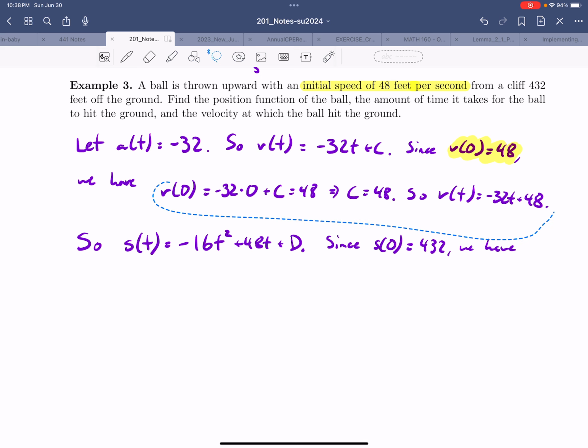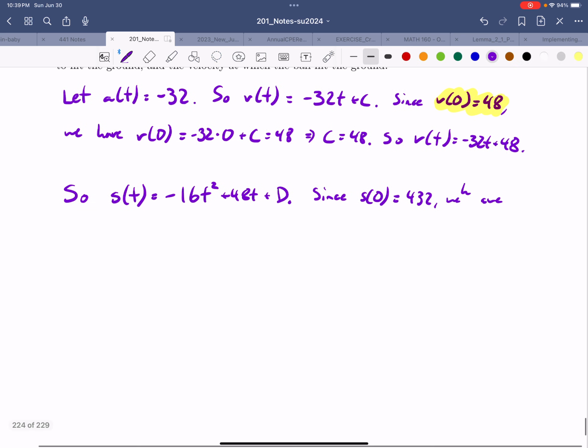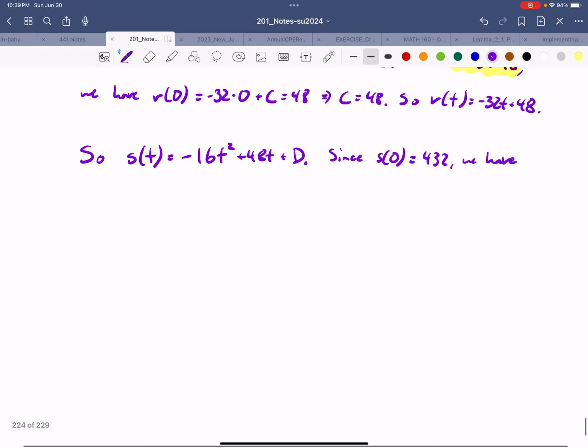Let me just put this all up here. It's kind of a visual eyesore, right? We have s of 0. On the one hand, it equals 432. On the other hand, it equals 0 plus 0 plus d equals 432.